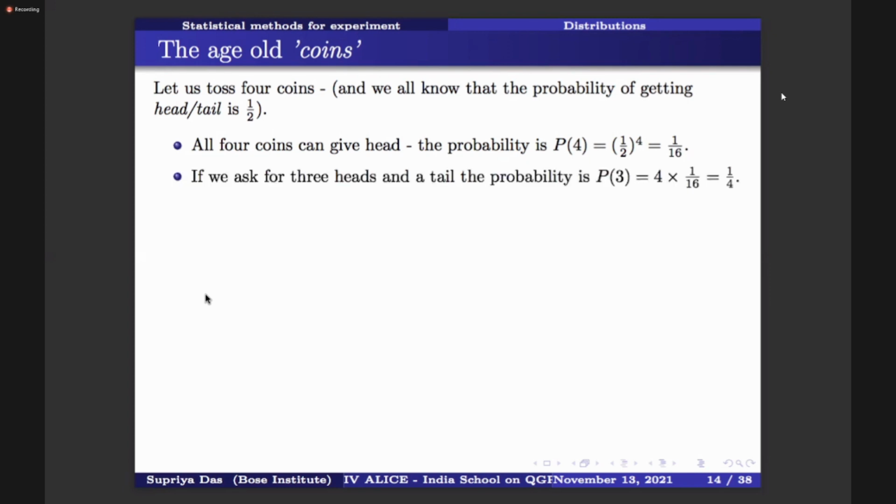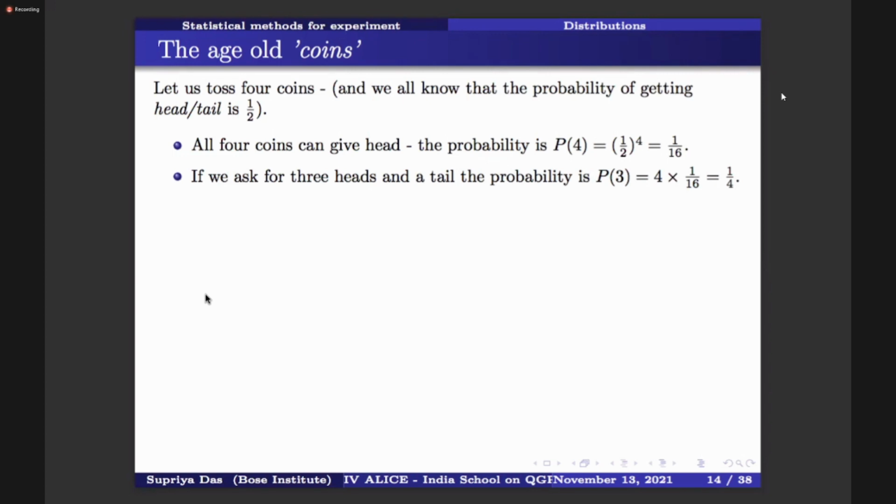What happens if we ask for 3 heads and a tail? Each coin has a probability of half, so you can multiply them, and you get a probability of 1/16.